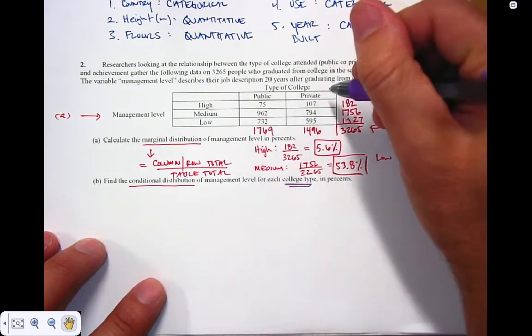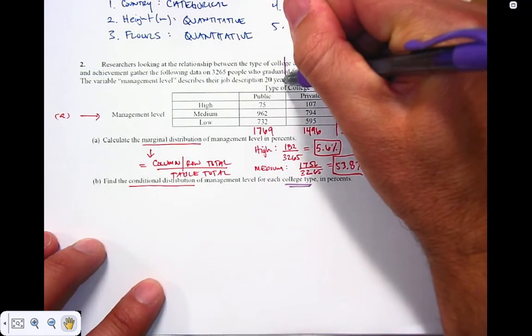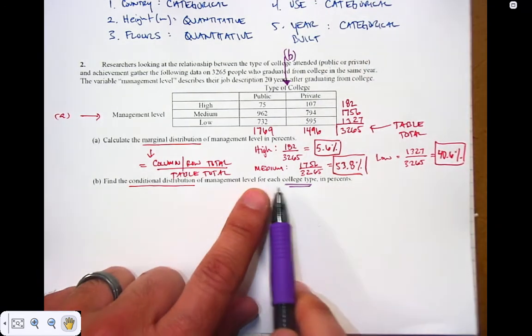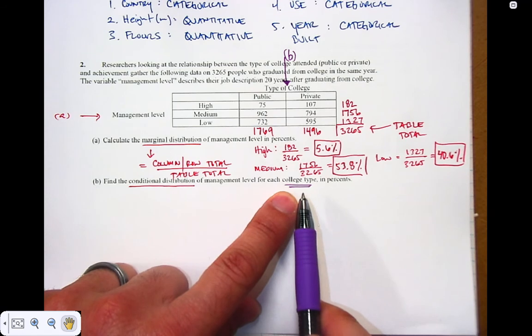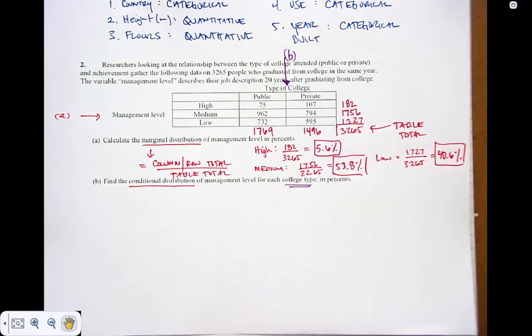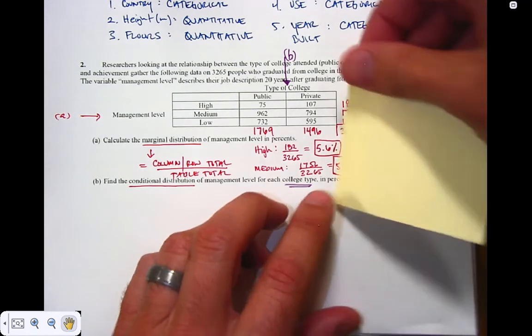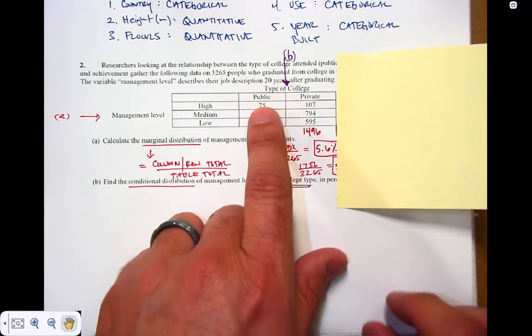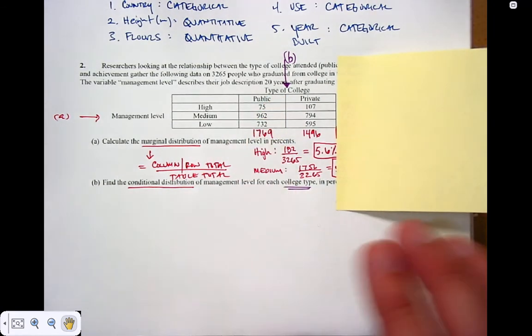Okay, and so here we're focusing on college type. So for part B, it says for college type, which means you are only going to look at these numbers here, and you are going to ignore these numbers. These have nothing to do with us anymore. We're only going to focus on type of college and then find the conditional distribution.